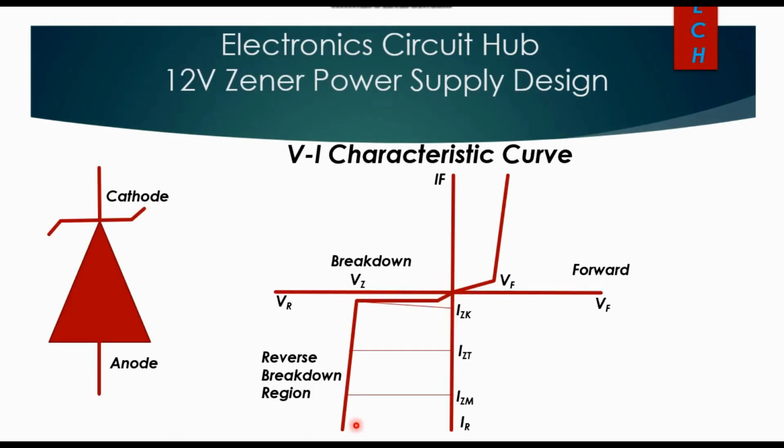Before I move to design calculation, I want to explain the VI characteristic of the Zener diode. So this is the forward region. I will not explain this forward region. This is the reverse breakdown region. Okay. So you can see, if you start applying a reverse voltage across the Zener diode, very little current flows through it until the Zener breakdown voltage.